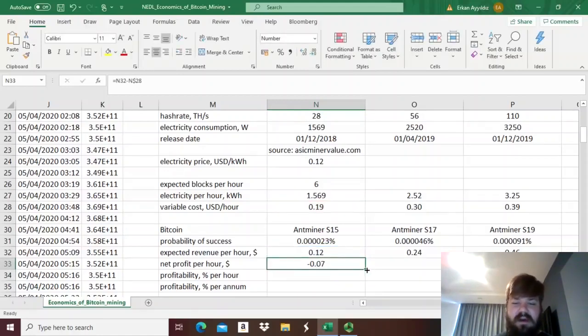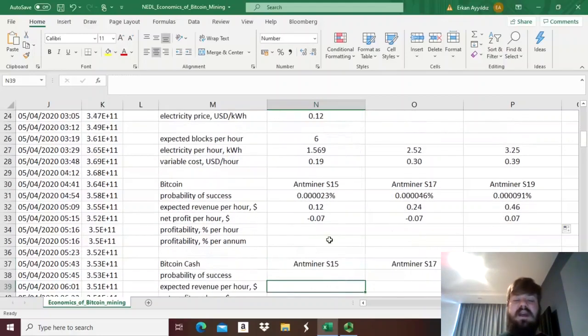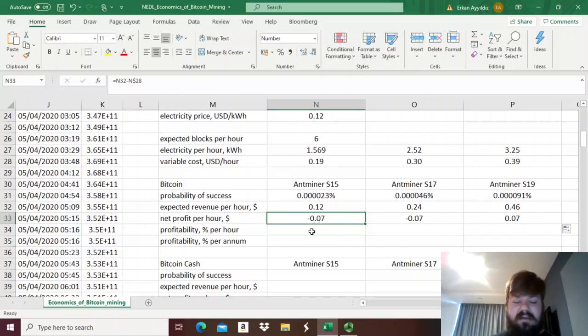And we see that for Antminer S15 and Antminer S17, the net profit is negative. We haven't even accounted for the cost of purchasing an ASIC yet. So it means that we are losing by trying to mine using these older ASICs on the Bitcoin blockchain.